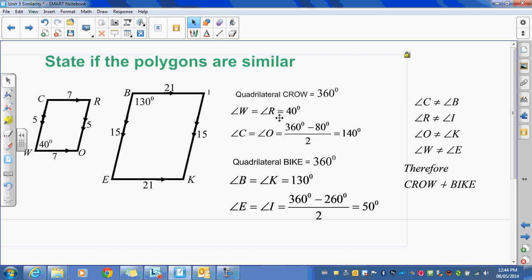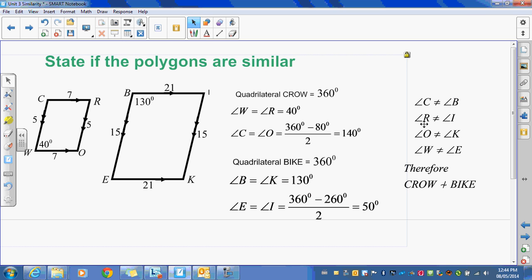Now we need to take a look at our corresponding angles. So we know that angle C is equal to 140 degrees, and angle B is equal to 130 degrees. So we know that angle C is not congruent to angle B. We know that angle R is 40 degrees. We know that angle I is 50 degrees.